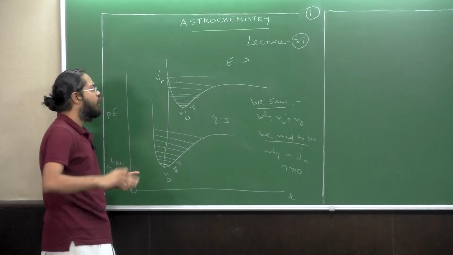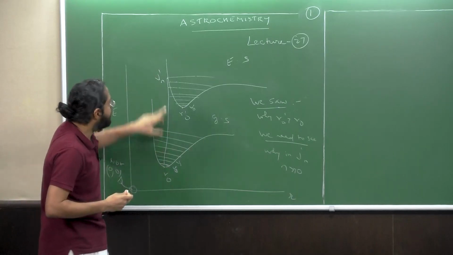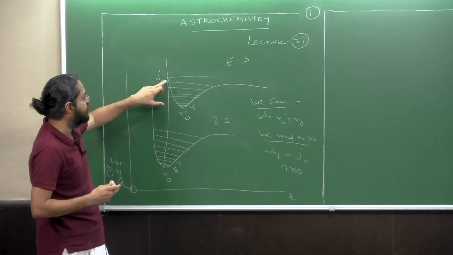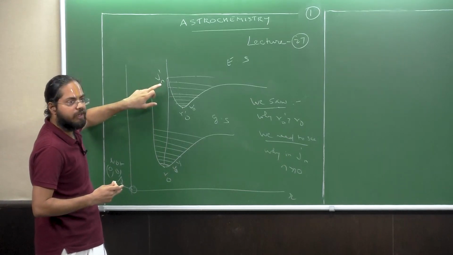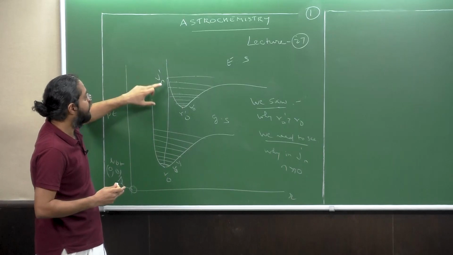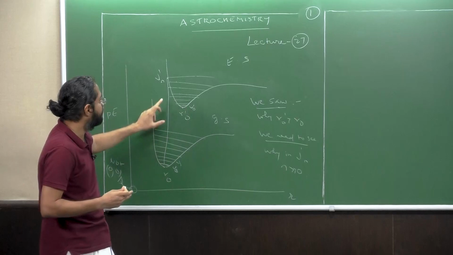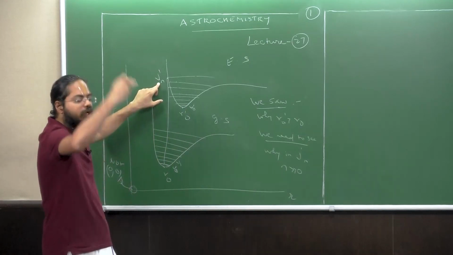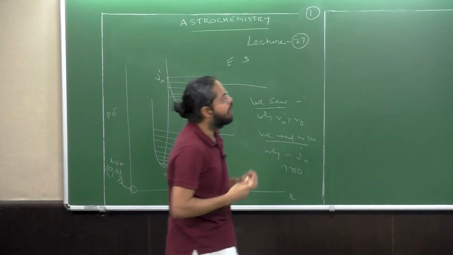I also told you, as I stopped the last lecture, that immediately after excitation, the vibrational state we reach in the electronic excited state is not going to be the ground vibrational state. It is rather some much higher vibrational energy state. Now we need to understand why this happens.